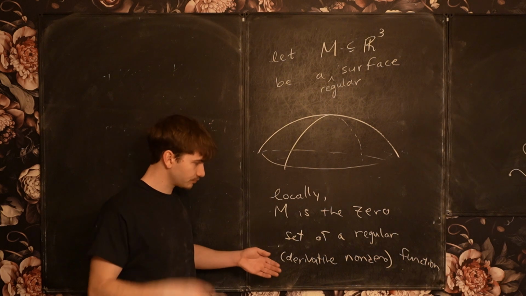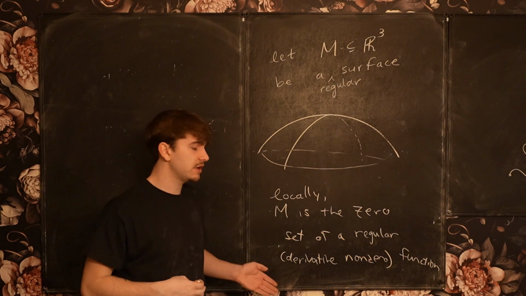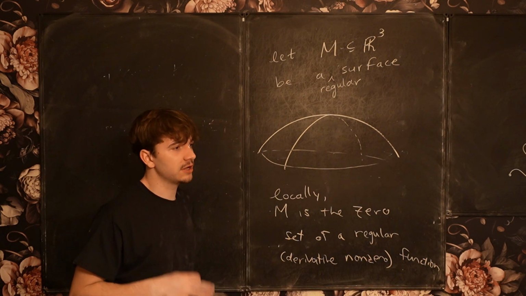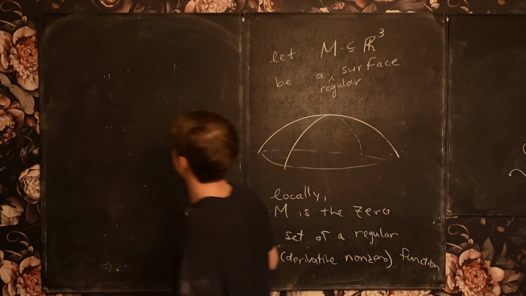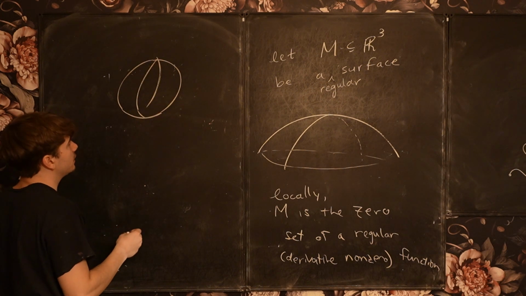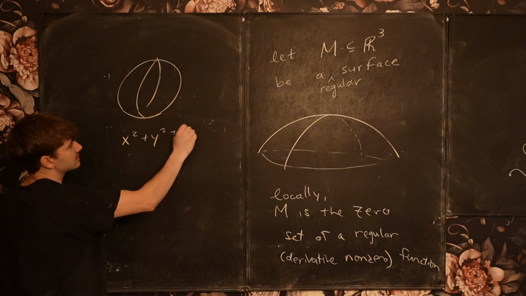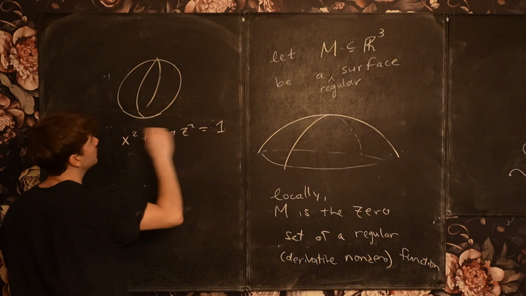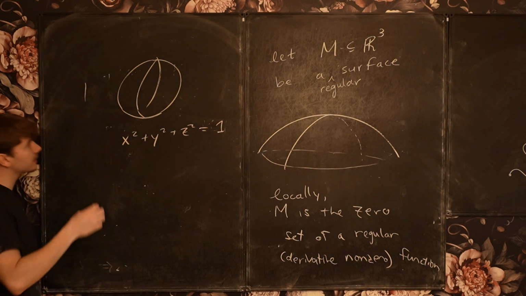Okay, so let me just do an example of what I mean by this, so that if you haven't taken manifolds or you're not familiar with what a regular surface is, you can also just follow along. So let's just do an example of a sphere, okay? So a sphere is given by the equation x squared plus y squared plus z squared is equal to 1, okay?